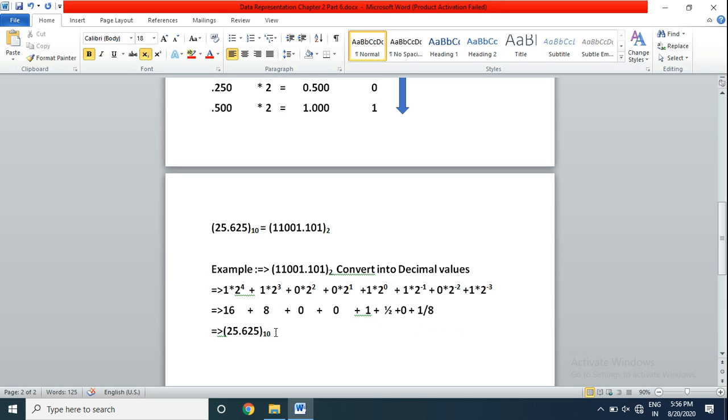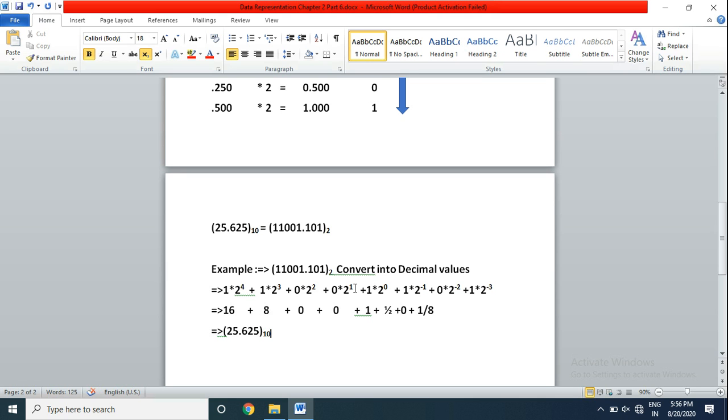So again, to convert any binary number into a decimal value, first we write all these numbers separately. After writing all numbers separately, we multiply each number by 2 because we have to convert into decimal and the number is given in binary format.